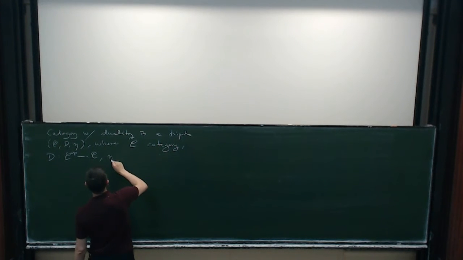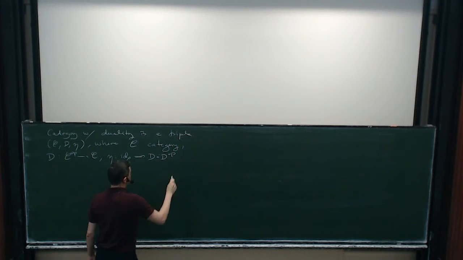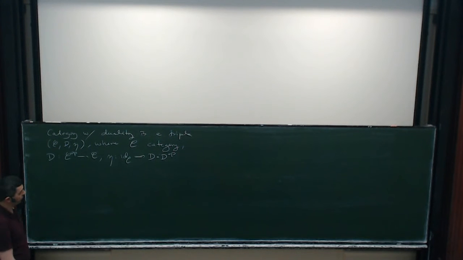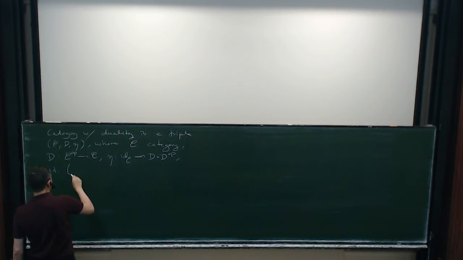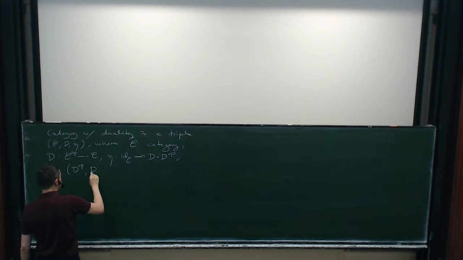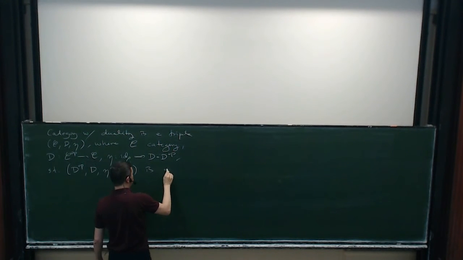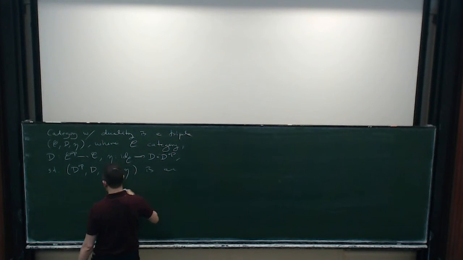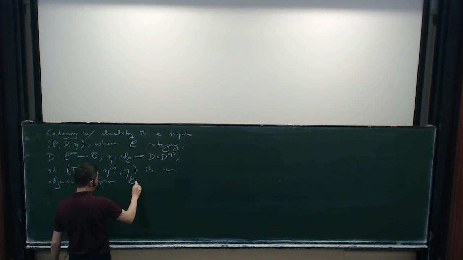And eta is a natural transformation like this. And then there's a condition, and the condition is that the quadruple (D, D up, eta, eta up) is an adjunction from C to C up.